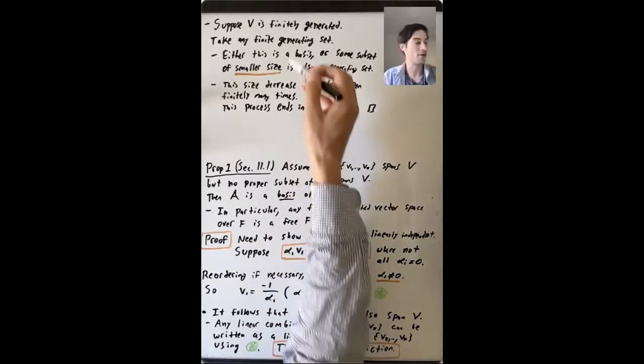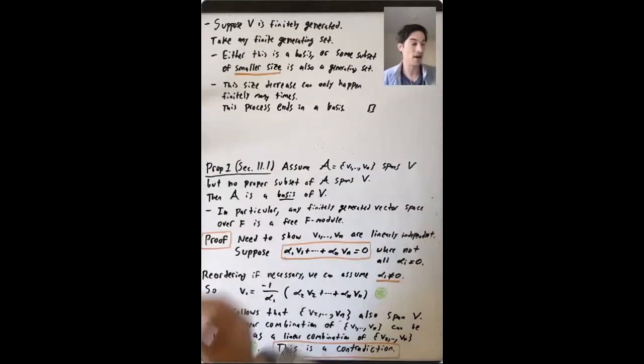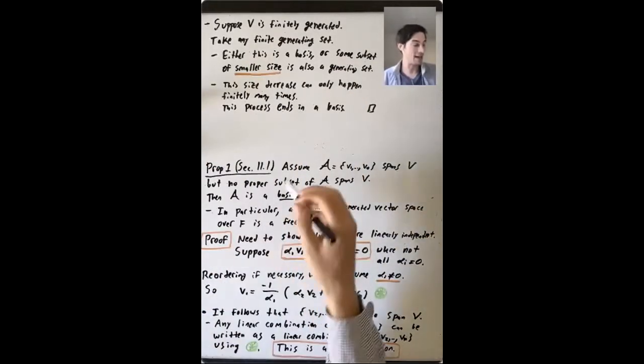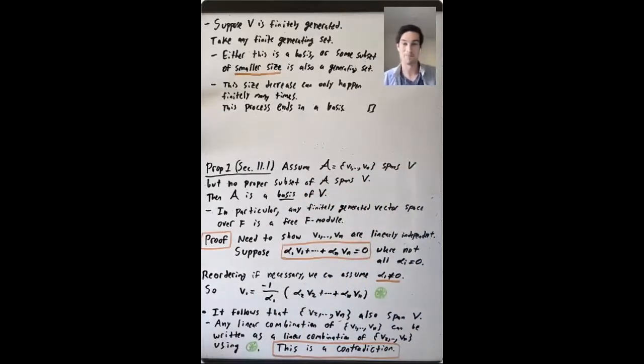Okay, so start with any finite generating set. Inside it, you can find a basis by just applying the first part of this proposition. All right, so I'll pause and erase, and then I'll say that last thing that I said a little bit more formally.